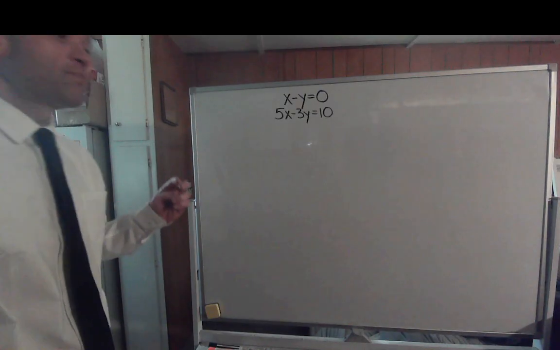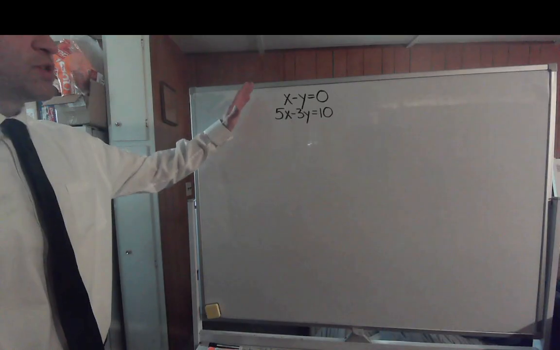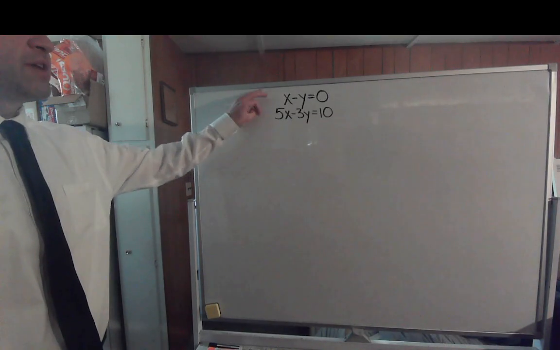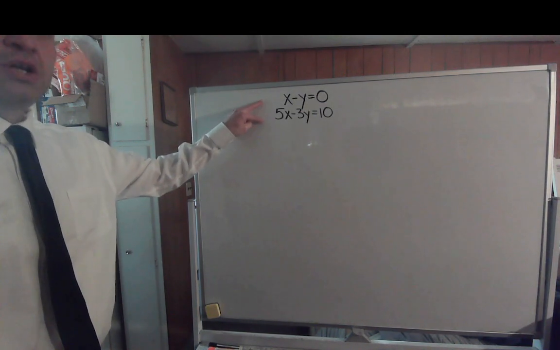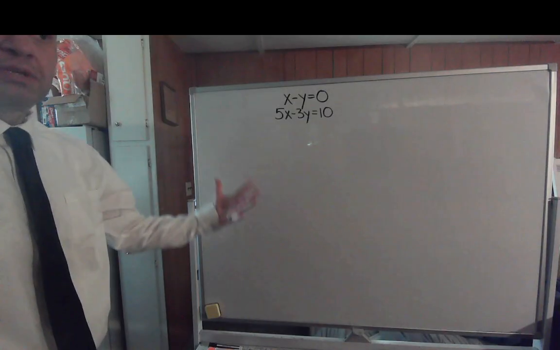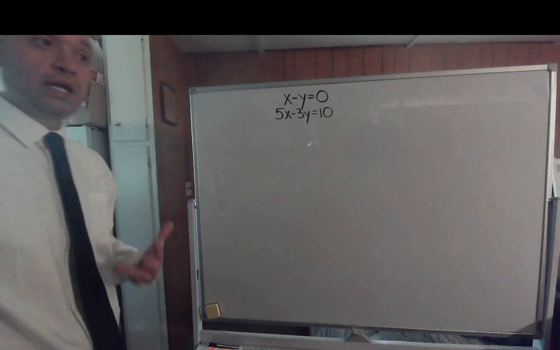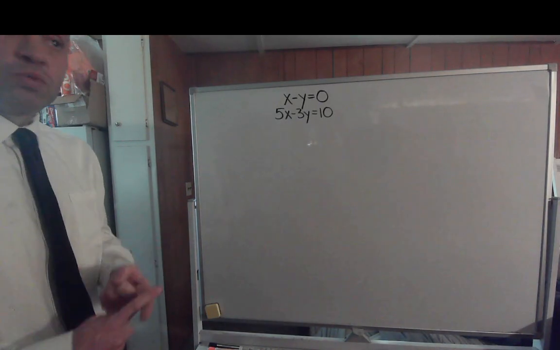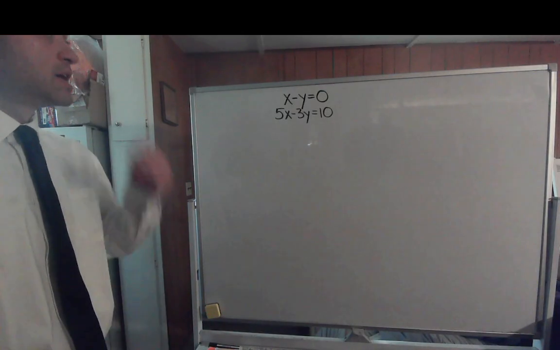But the idea is when you solve a system of equations, you're trying to find where the two lines intersect, or if they intersect at all, or if they're the same line. And we'll go over some examples of that and what all that means. If it just has one solution, if it has infinite solutions, or no solutions.